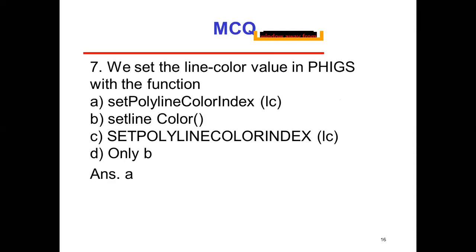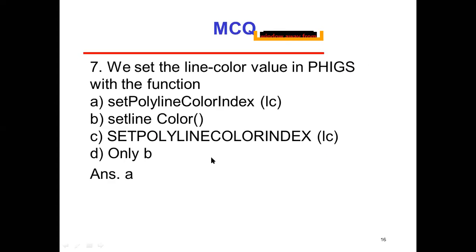Now question 7: we set the line color value in PHIGS with the function. PHIGS is a computer graphics software. We set the line color value in PHIGS with the function set polyline color index, set line color, or set polyline color index.